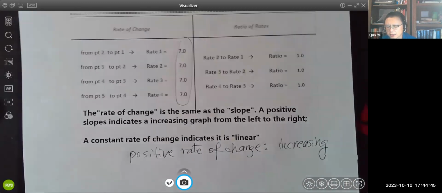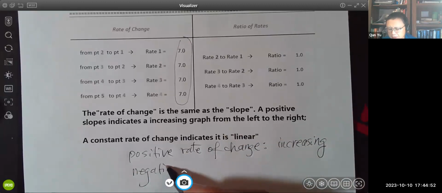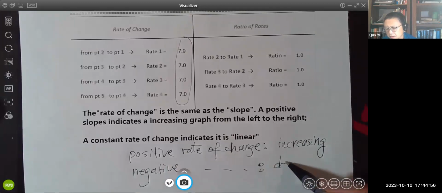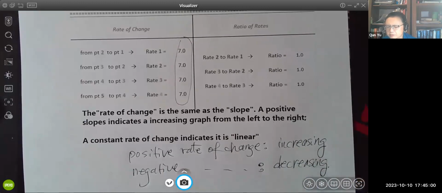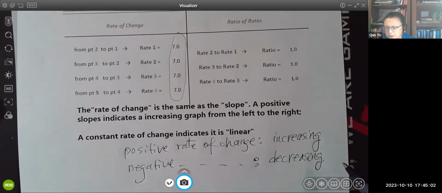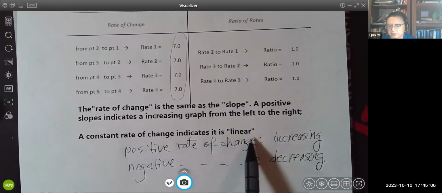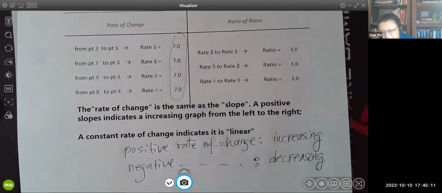And as long as it's positive, it's increasing. If negative, apparently it's decreasing. And a constant rate of change is an indicator of a linear model. So this is a line, an increasing line. It's positive, and at the same time, they're the same. So it is an increasing line.